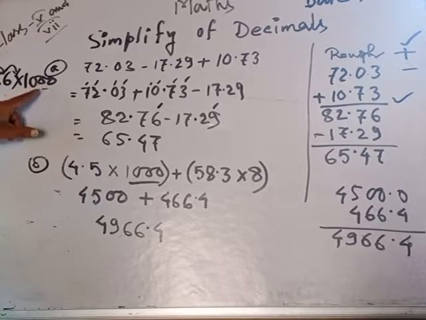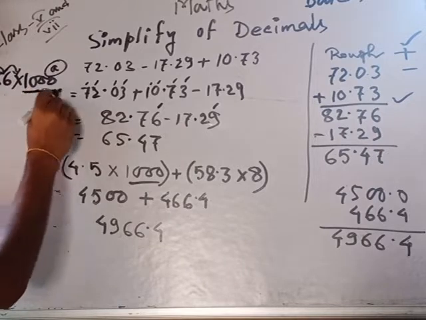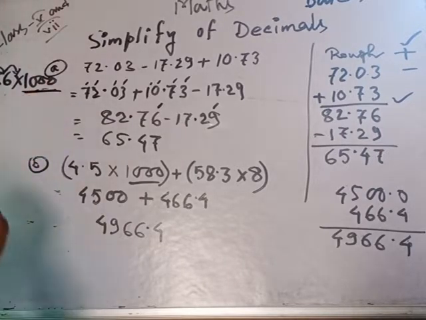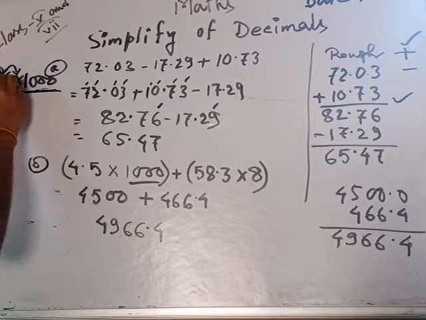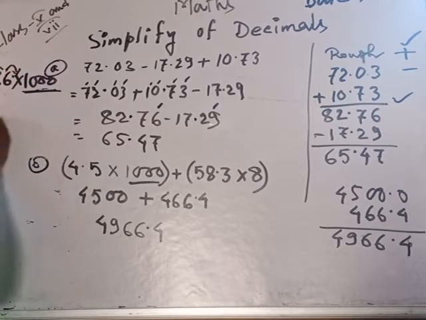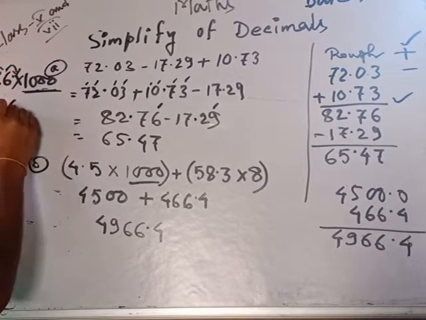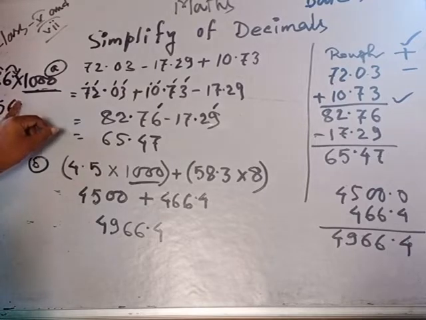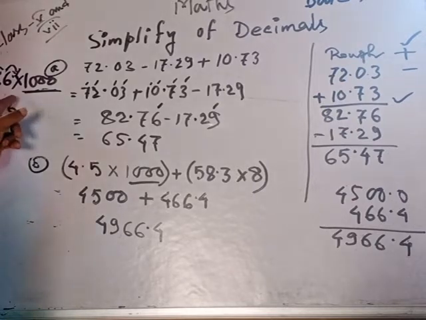If it is multiplied by 100, two zeros, the point goes after two digits. So the point is here. If we multiply by 1000, that means three zeros, so the point goes three digits, 1, 2, 3. So the point is here. That means 3756 point. If the point is at the last, it is not necessary to write it here. Okay, that means the point is at the last.